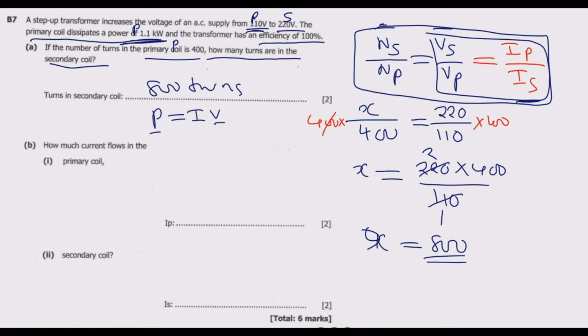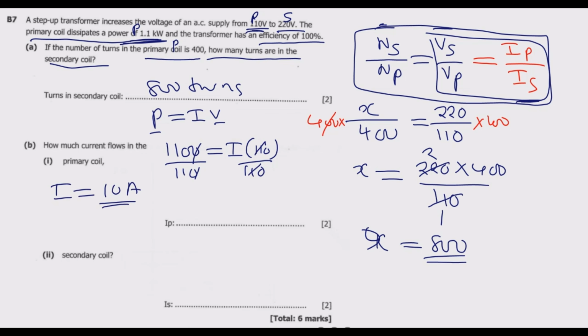So the power is 1.1 kilowatt, which is 1100 watts, equal to a current multiplied by a voltage, which is 110. Then we solve for I. By dividing 110 by 110 on this side, that and that cancel, and we end up with the current I equal to 10 amps.